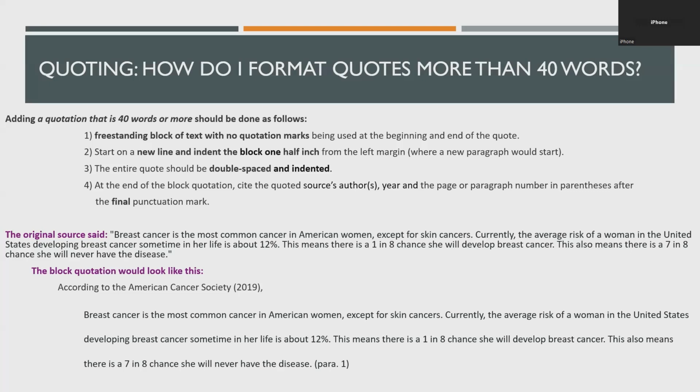When you have a block quote, you're just taking a big chunk of text from something that you read and putting it into your paper. You are allowed to do that. That's why we have these rules for doing that. But in general, you typically want to use shorter quotations, or you want to paraphrase things. You want to put it into your own words.